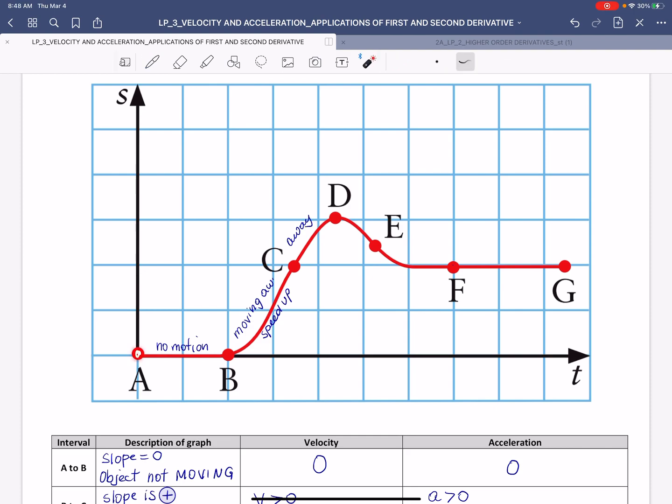You can see this is the starting point, and the position is consistently increasing, which means that the object is moving away from the starting point. Now velocity is positive, so it's following up with position, but it is slowing down because it's very positive and then less positive. So we say slowing down. Now, at point D, momentarily stopped.